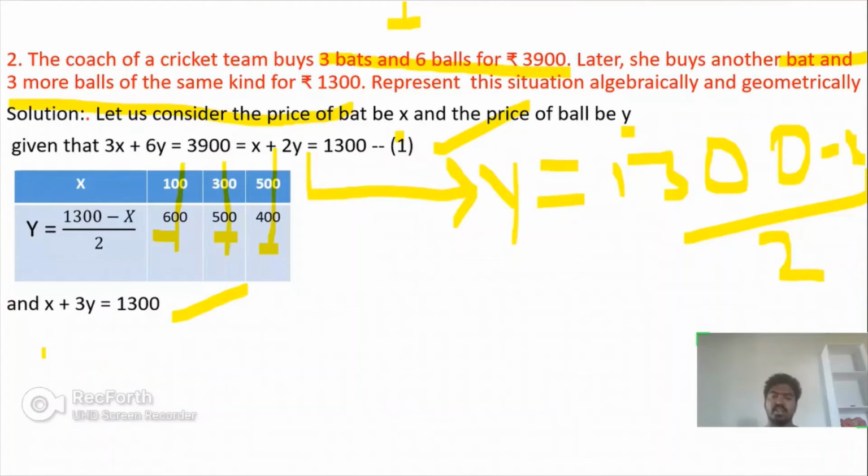Okay. Now for the second equation, again I want to find the coordinates of points, that is the coordinates of x and y. For that I want to write this equation in terms of y. So from this equation I get y is equal to (1300 minus x) by 3.